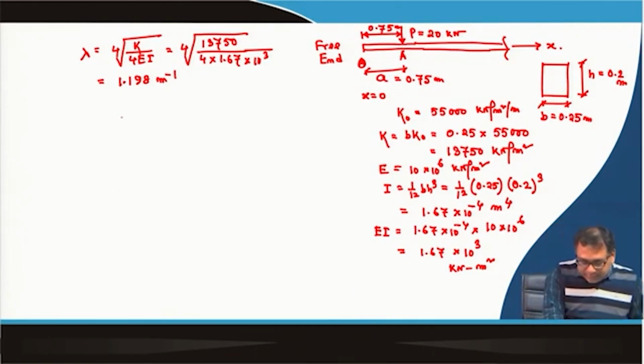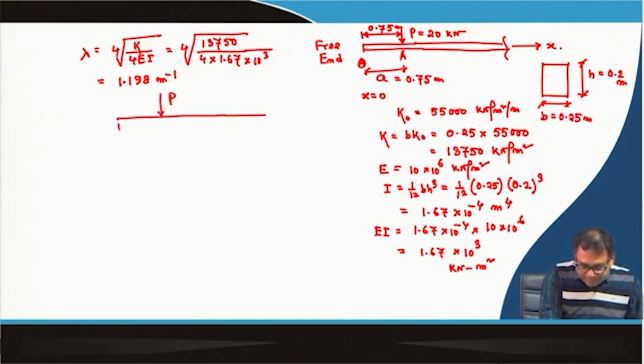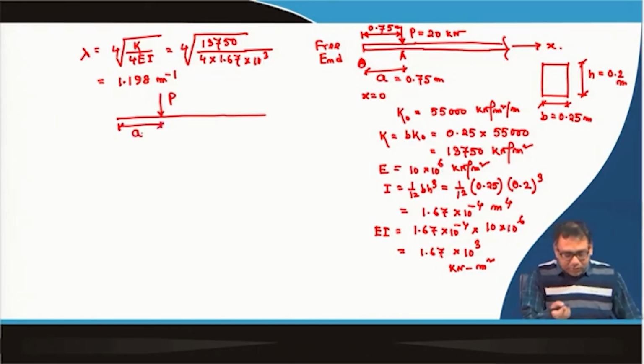As I have already discussed, in the case of a semi-infinite beam, if this is the P which is acting at a distance of A, first we have to calculate MA and QA for the free end, then you have to apply end conditioning forces such that the net moment and the shear force will be 0 at the free end.